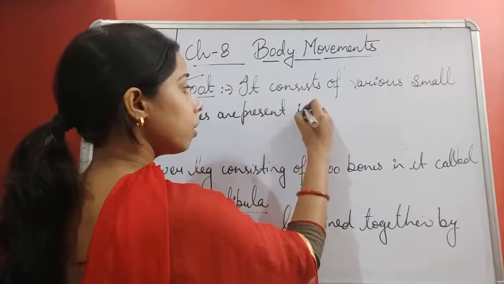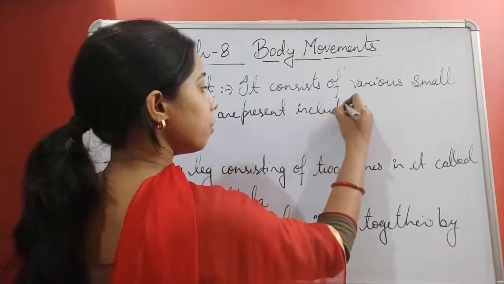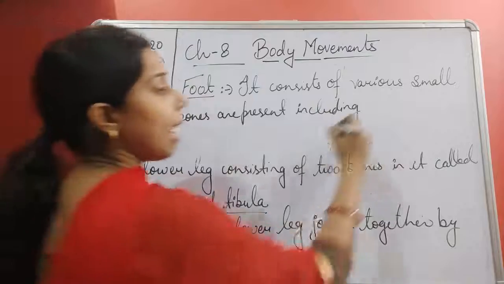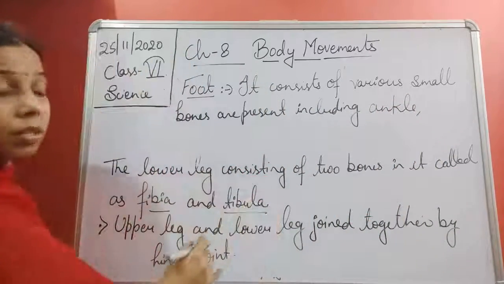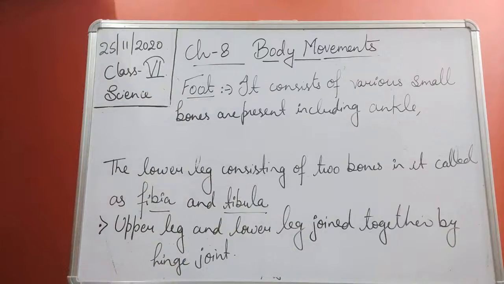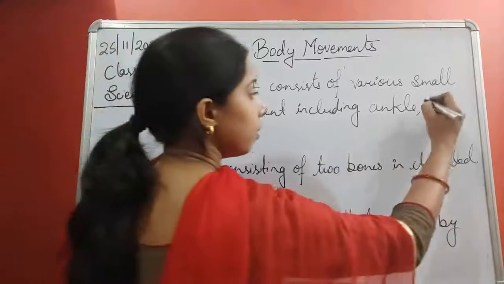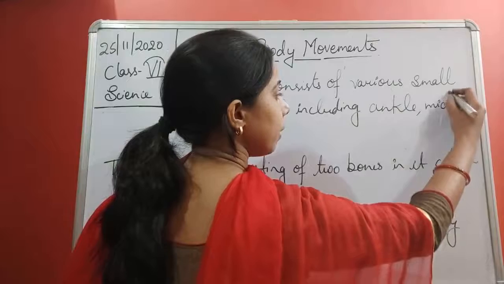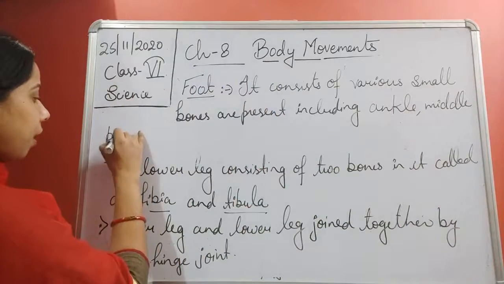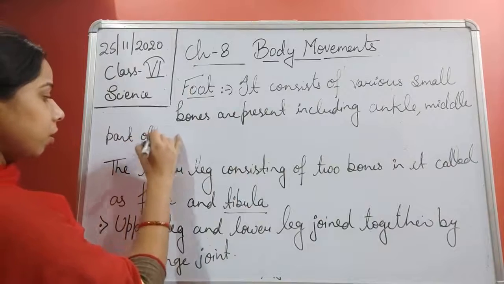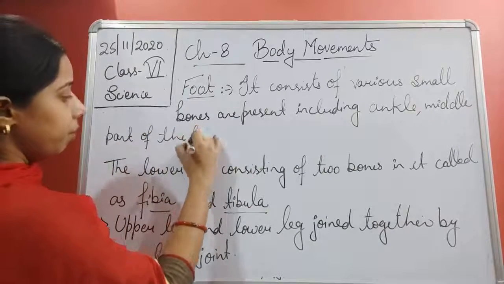What are the different parts of the foot? Including the ankle, which is the first part. Then, students, the middle foot is also there, the middle part of the foot. In the hand, we call it the palm, but here we have the middle part of the foot.